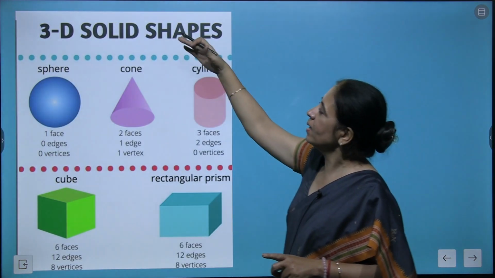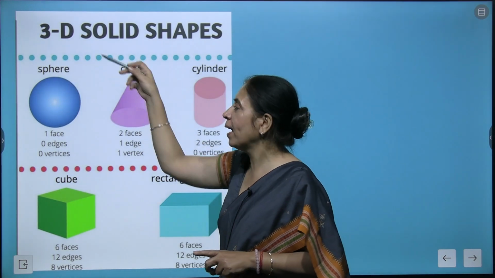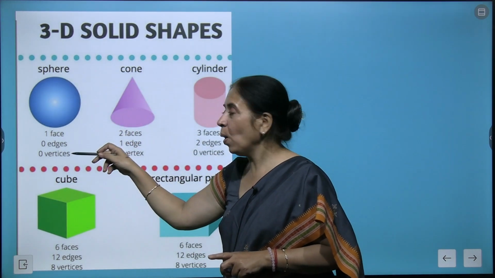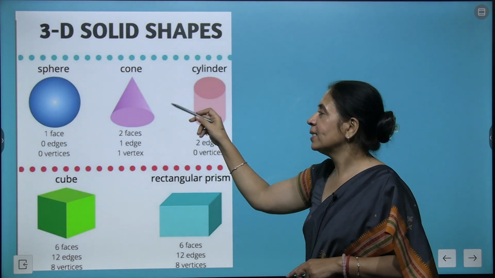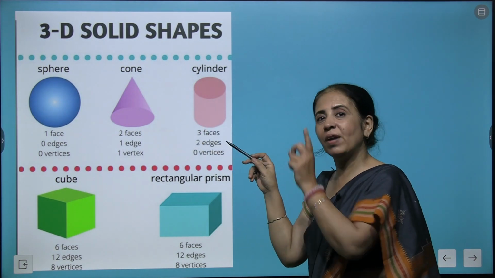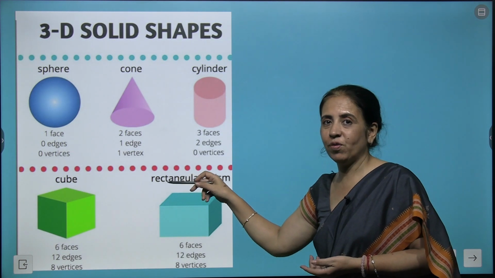Now we take solid shapes and we quickly recall. A sphere has one face, no edges and no vertices. Coming to cone, it has 2 faces, one curved and one flat circular face, and one edge and one vertex.